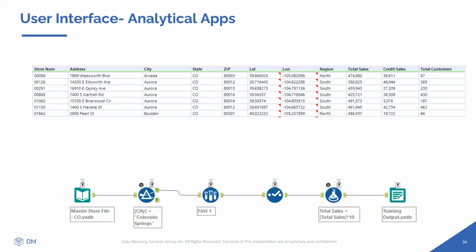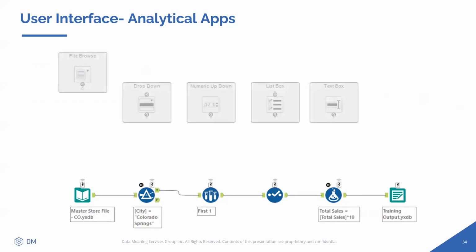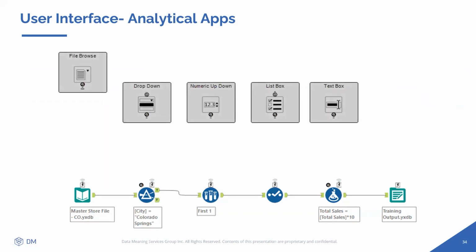So the idea right now is that maybe I have a group of users and each user is responsible for a different city, or let's say each user has a different master file here that they want to analyze, right? So the idea here is that now we can use what we call interface tools, right?